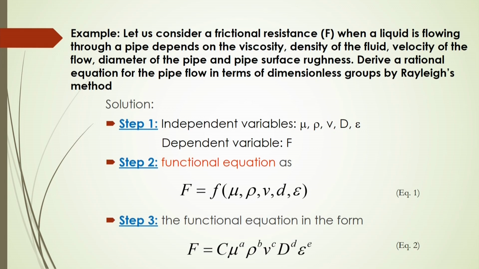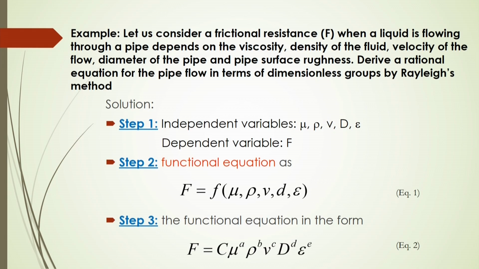Now, what do you have to do? The first step is to find out the independent variables and dependent variables. What are the independent variables here? We have seen that the frictional resistance F of the flow through the pipe depends on viscosity, density, velocity, diameter of the pipe and pipe roughness.